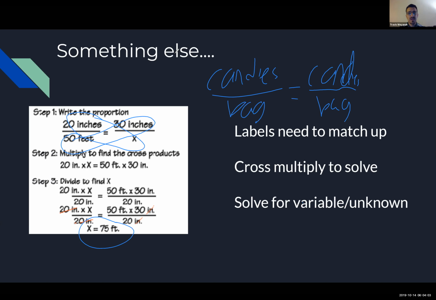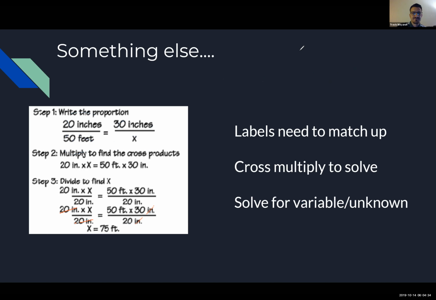Again, we could take that 75, plug it in for the x, and cross multiply again to check to see if those fractions are equivalent, to make sure that we did the correct calculations. So again, some things to remember: labels need to match up, cross multiply to solve, and if there is a variable, we need to solve for that unknown to get an answer.